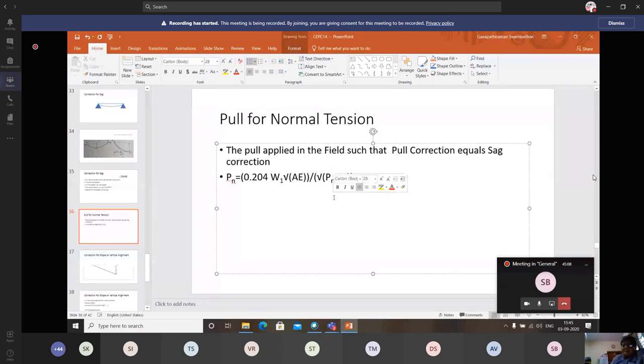For clarity, for the product I will use a star instead of X, because initially I used X and it became AX. So I will put a star. The product is A into E.